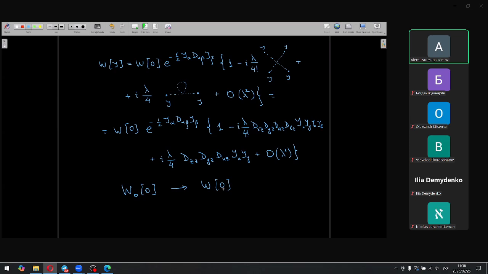That means that this term will correspond to the vacuum now in the interacting theory. So we can say that, at least formally, the vacuum of the free theory and the interacting theory are not the same.